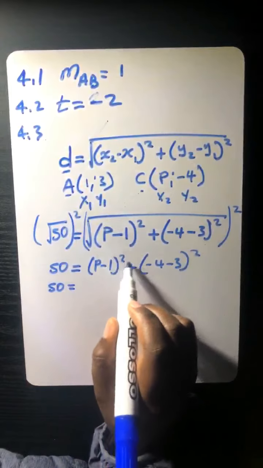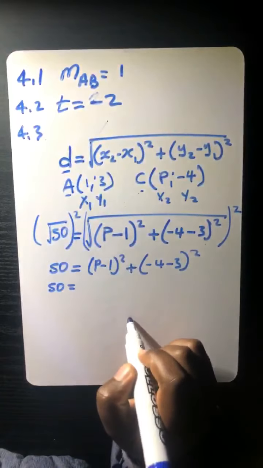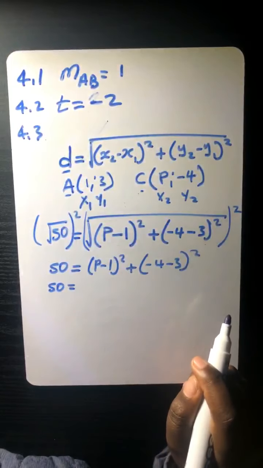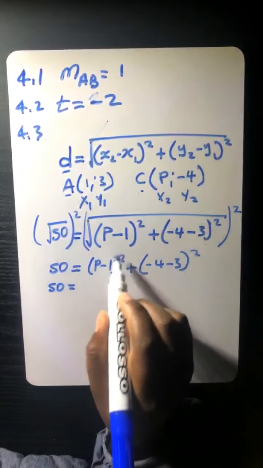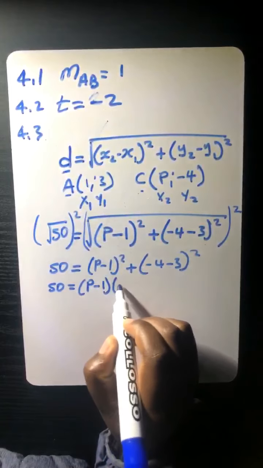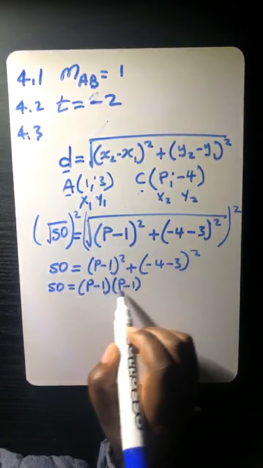Can you see, guys? Because of that square, we are now dealing with a quadratic equation. So whatever we do is just rewrite everything in standard form. That squared over there simply means you have 2 of the same thing.